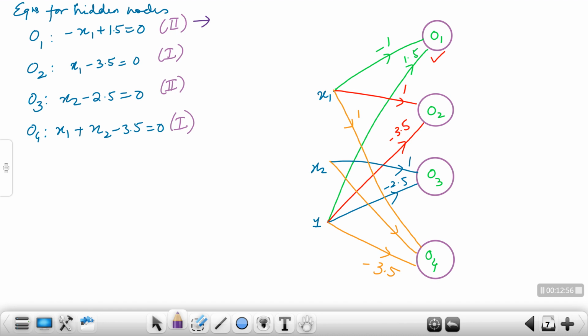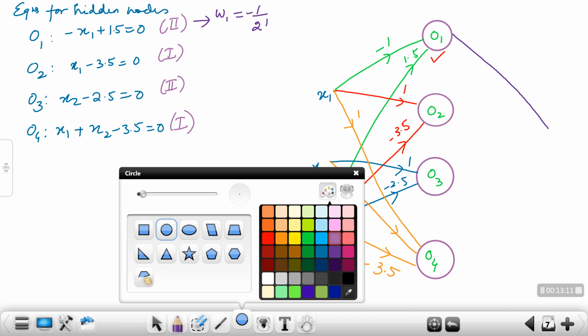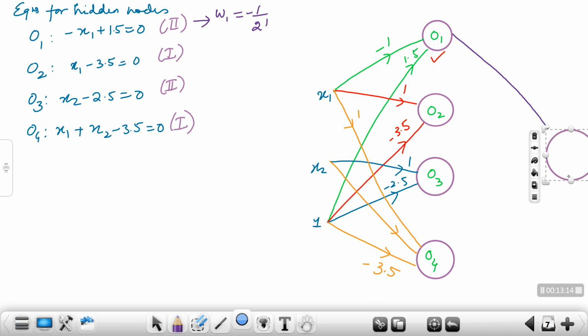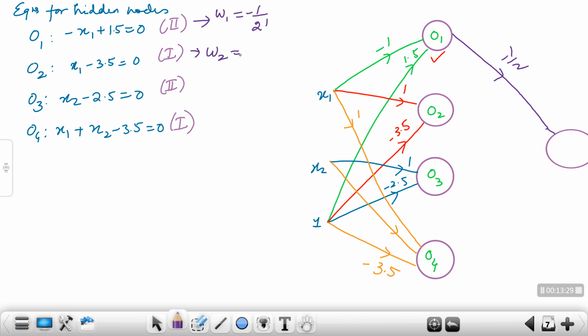Because it is the first node, the weight will be 1 upon 2 raised to 1, but with a minus sign because it is class 2 which is getting classified here. So the weight here given will be -half.